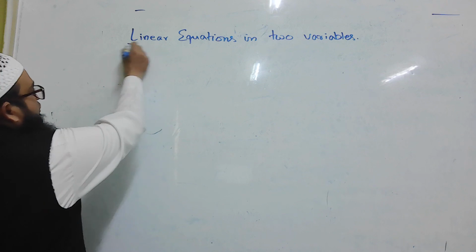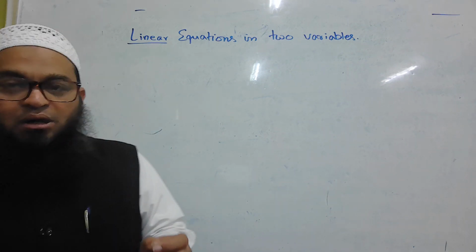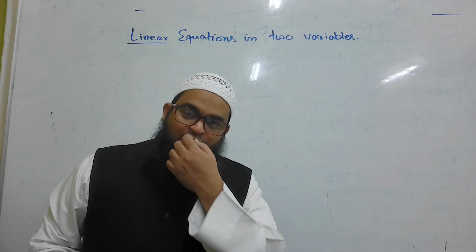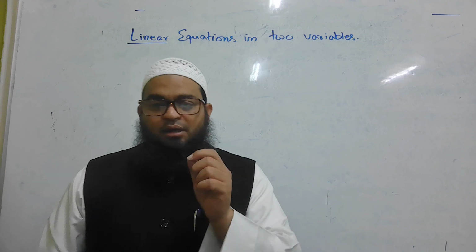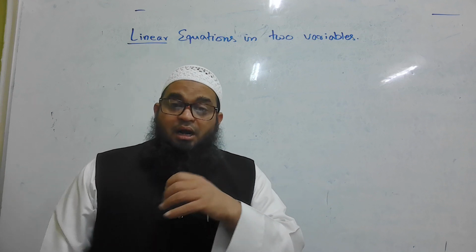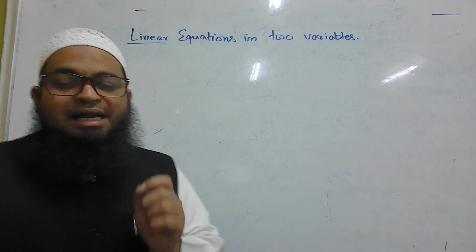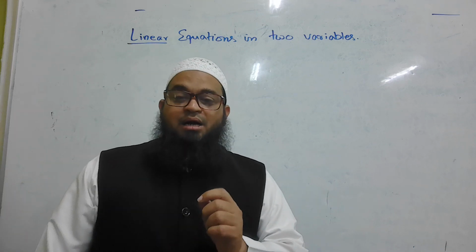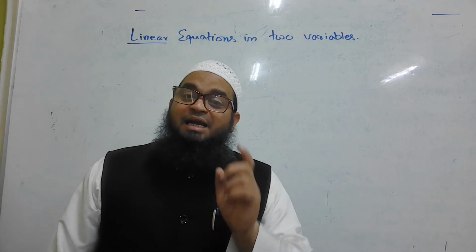Let us see the first word, linear. Can anybody tell me what is a linear? Where did you hear linear? Pause it and think. What is linear, my dear students? Linear is nothing but a polynomial which has the degree 1.